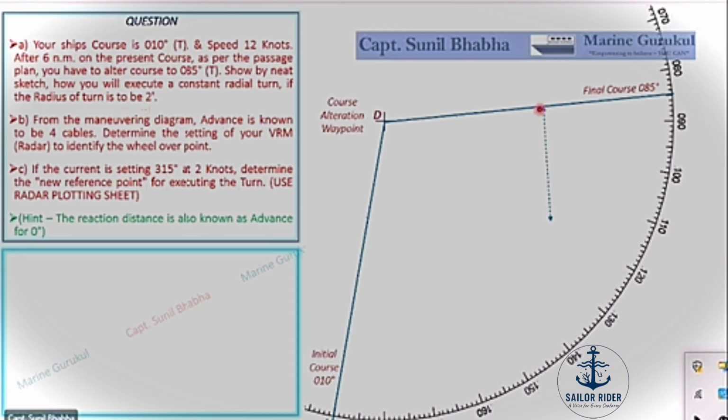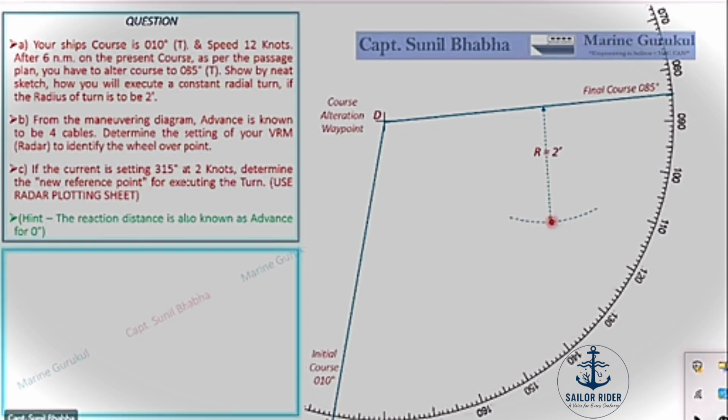So I keep my compass centered at this particular point. You can follow the laser pointer on the screen and open our compass up to the radius, which is 2 nautical miles, and draw a small arc. So you can see this arc coming up on the screen. This arc has a radius of 2 nautical miles.